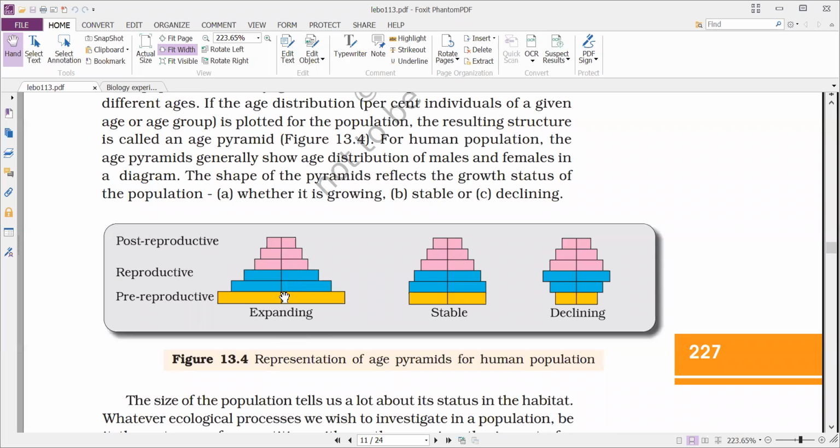As the pre-reproductive age people convert to reproductive age, gradually the population will increase, because they are able to give rise to new individuals. So it leads to an expanding population. India has more reproductive age people. That's why the population is increasing enormously.